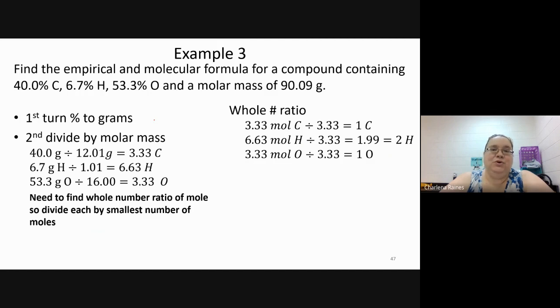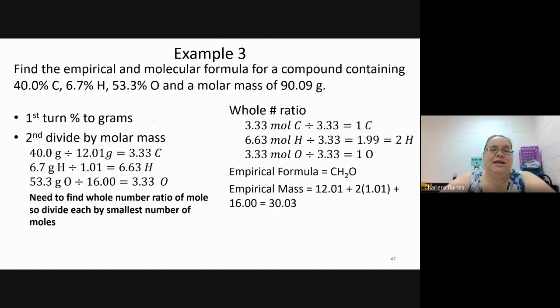So my whole numbers are 1 carbon, 2 hydrogens, 1 oxygen. Remember, I write them in the order that they appear. I give them their subscripts. That's my empirical formula. To get the molecular formula, I take my 90 and I divide it by the empirical mass. So 1 carbon plus 2 hydrogens plus 1 oxygen gives me an empirical mass of 30.